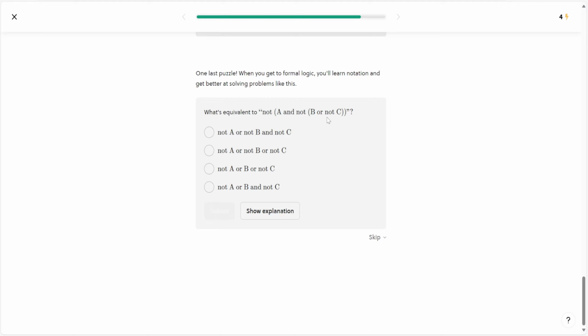What's equivalent to, right, pen and paper, not A or not B. So does that mean that the next one is an or an and?